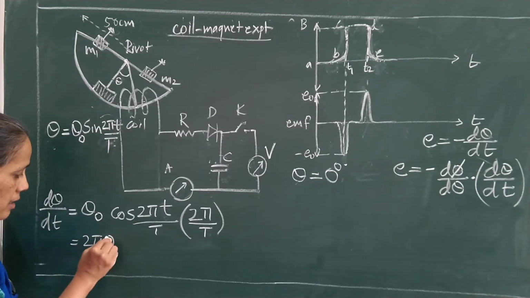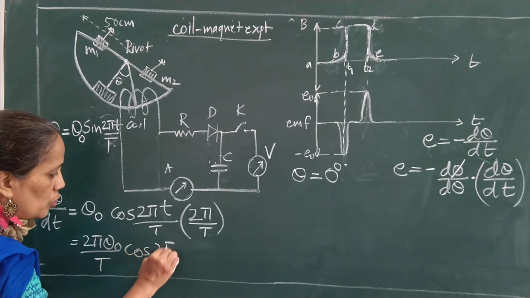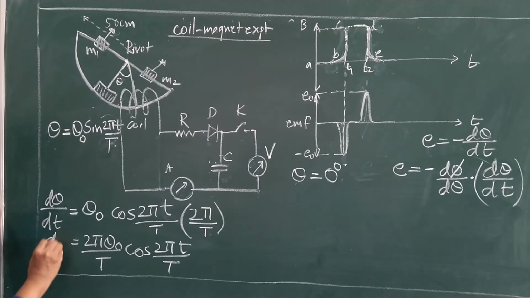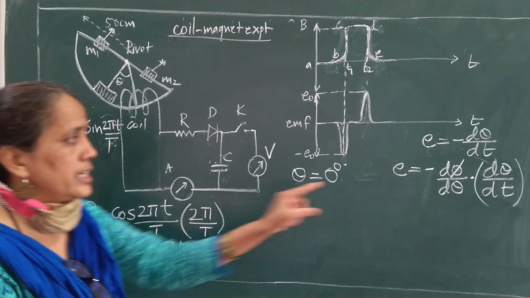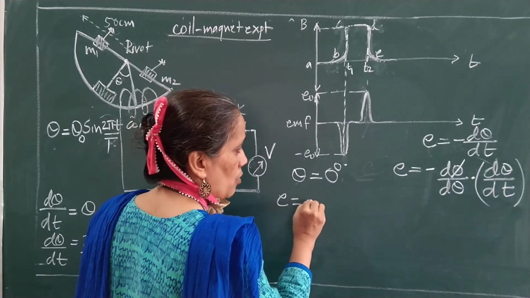So 2 pi theta 0 upon T into cos of 2 pi t upon T. This is nothing but your value of d theta by dt. Now this value of d theta by dt I can substitute in the EMF equation. So your EMF equation is what?